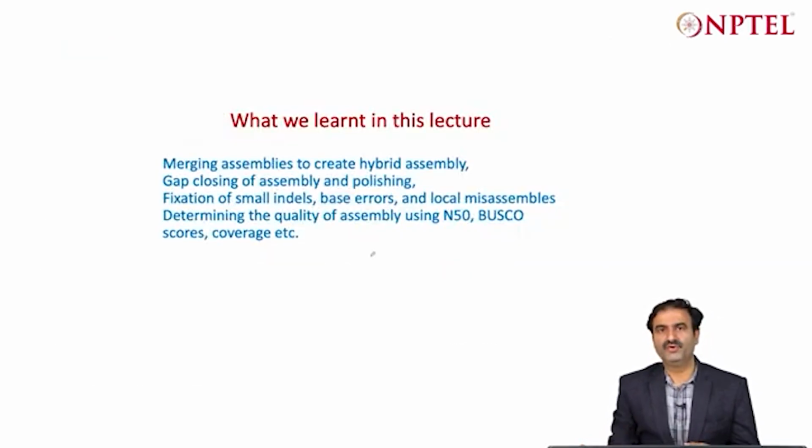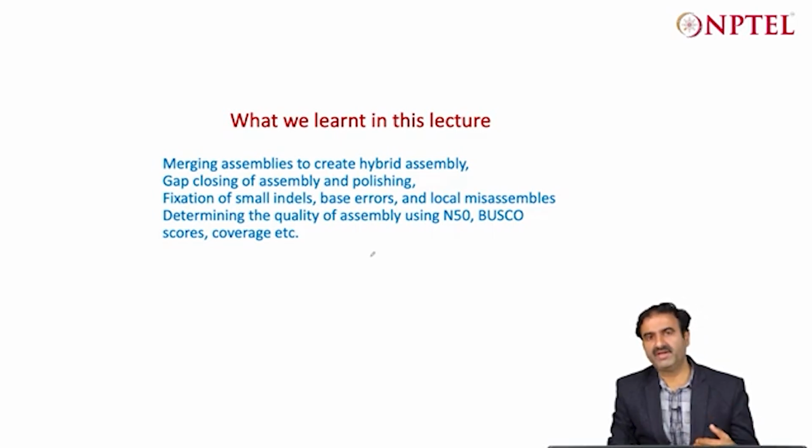So in this lecture we looked at why hybrid assemblies are needed, how to correct the errors in the draft assembly that you have got after the hybrid assembly, and how to improve the assembly quality by filling up the gaps.